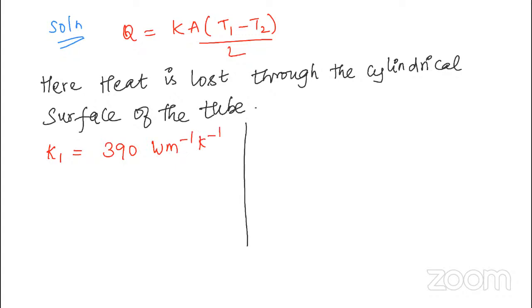Then second one, T1 is equal to 373 Kelvin and T2 is equal to 0 degree. Convert the 0 degree centigrade into Kelvin. What value should you add?